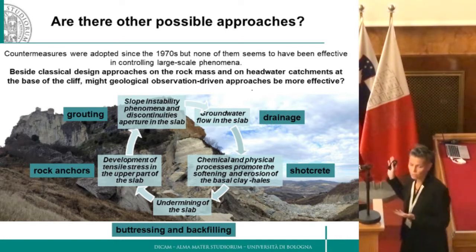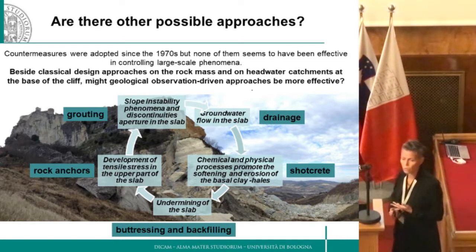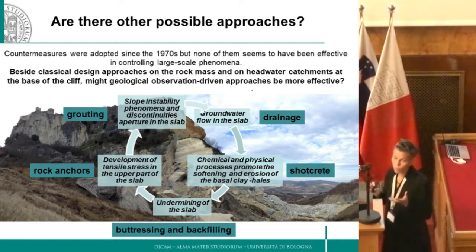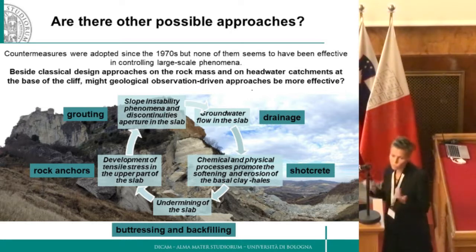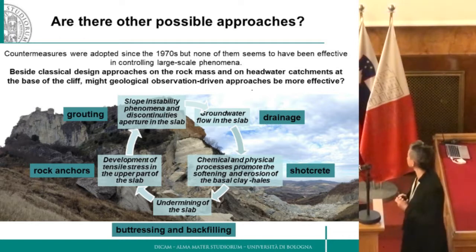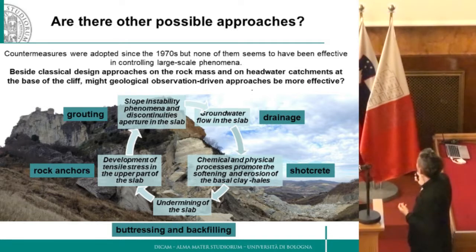Because based on the evidence, so on geological and geomorphological evidence, we have an idea about the processes. So we have to tackle the processes. Bolting, at least from my point of view, I'm just an engineering geologist, is not effective. So why don't we go back to the circle and think about drainage?